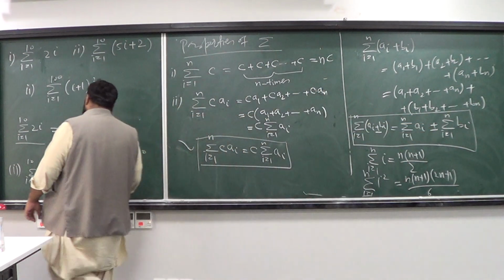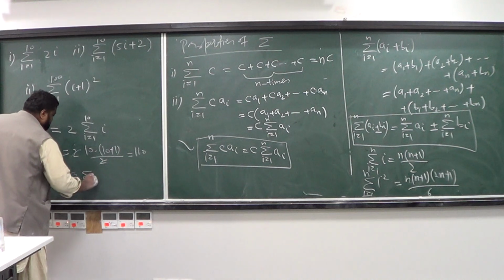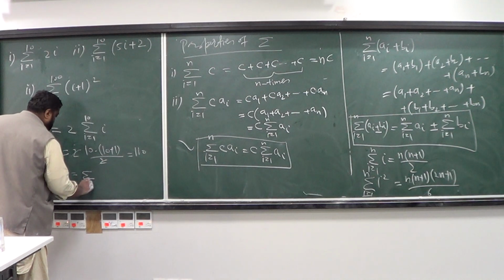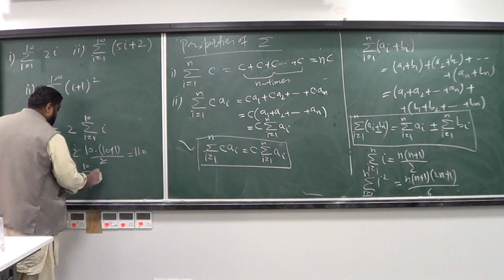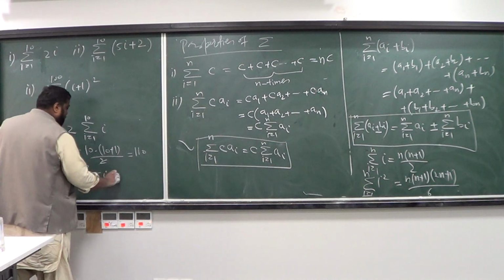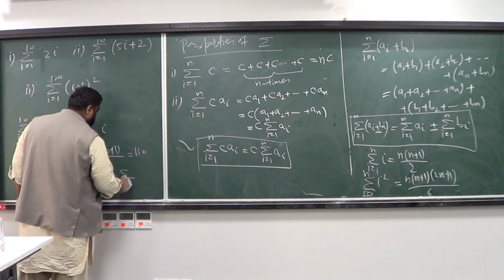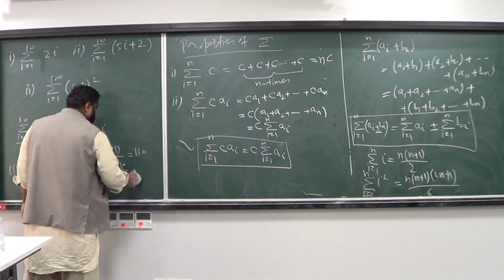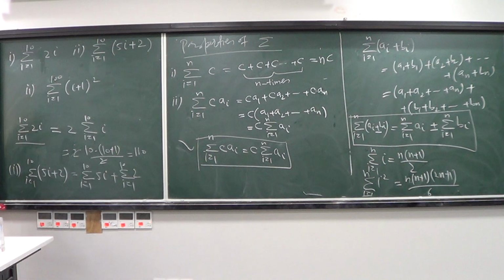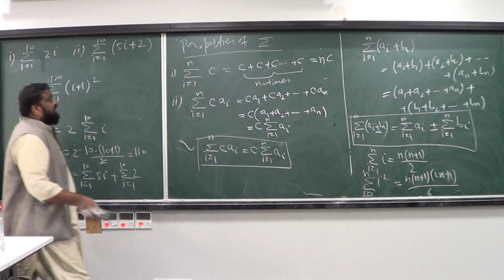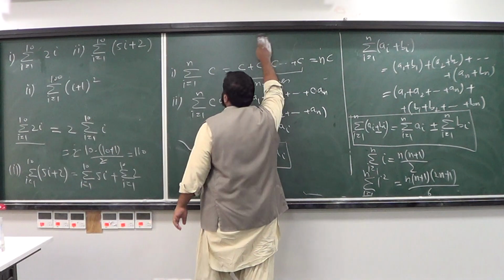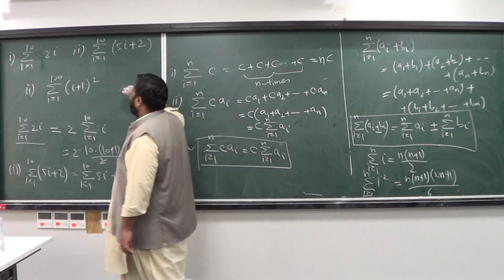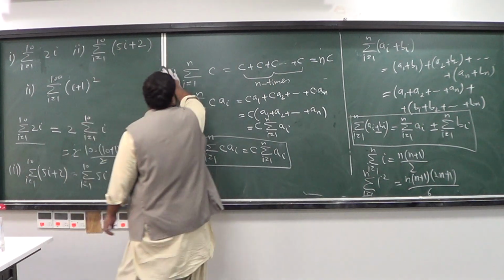So this is going to be the sum from i equal to 1 to 10 of 5i, plus the sum from i equal to 1 to 10 of 2. Now, which properties must I apply?